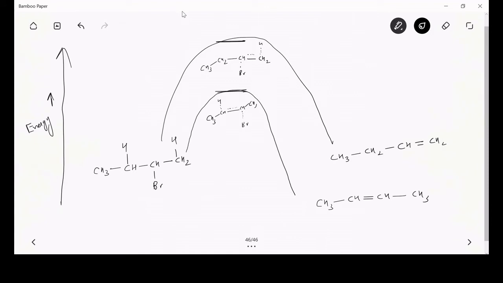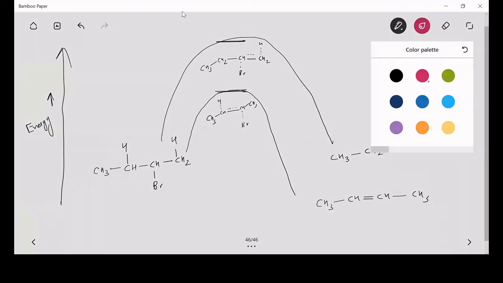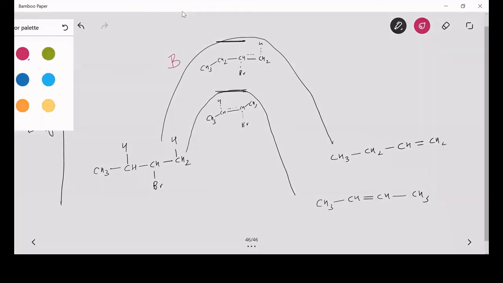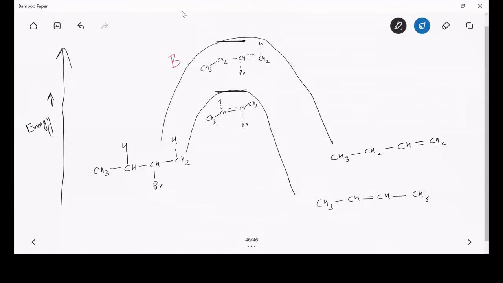That means the transition state corresponding to product B or pathway B has higher energy, and the one which goes through pathway A has lower energy because the transition state also has some alkene characteristics, and it could be more stabilized in presence of the 2-methyl substituent.